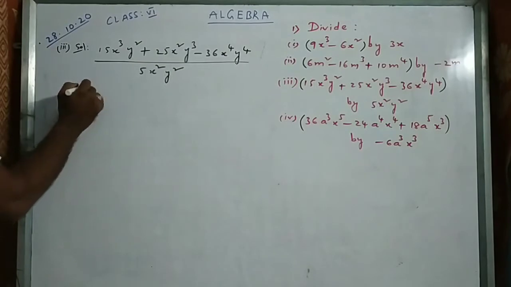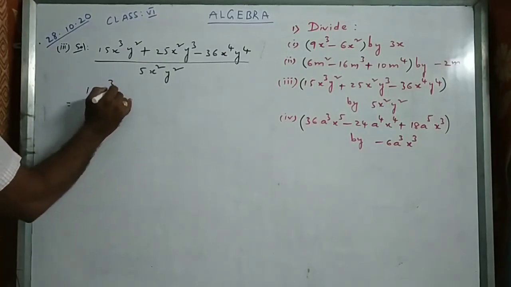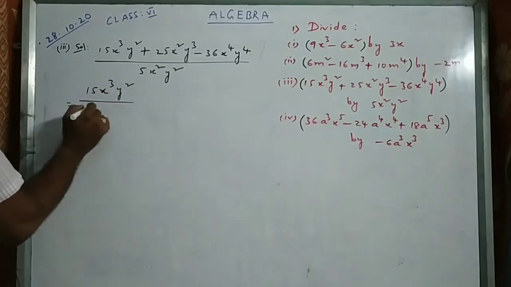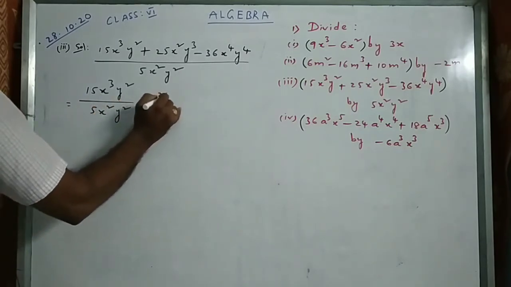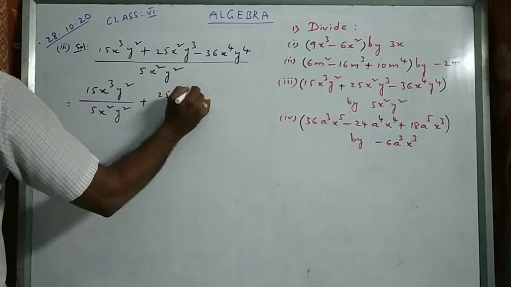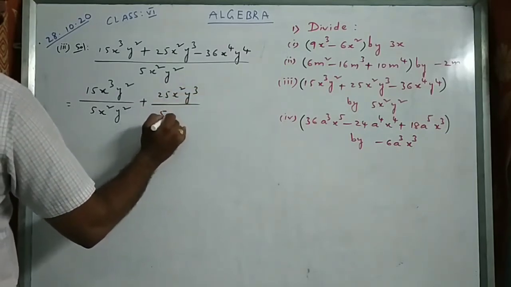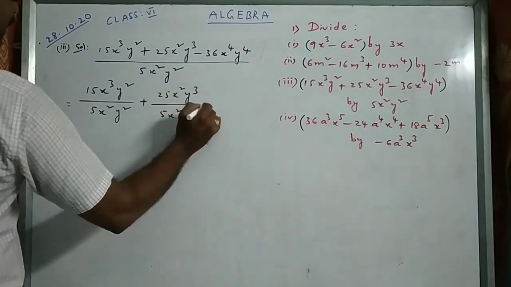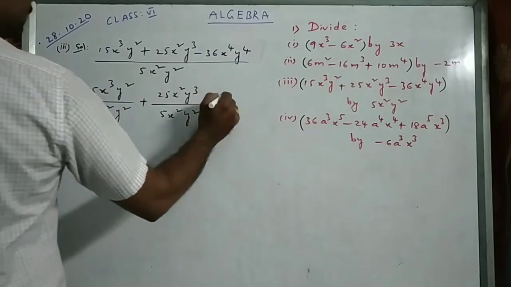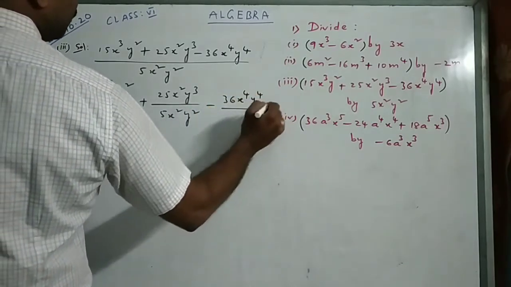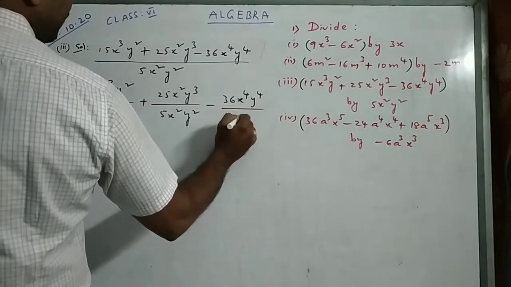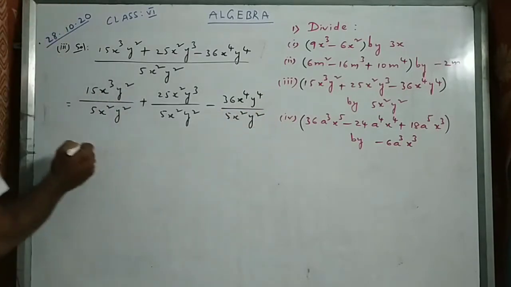Now you can split this way. 15x cube y square upon 5x square y square plus 25x square y cube upon 5x square y square minus 36x to the power 4 y to the power 4 by 5x square y square.